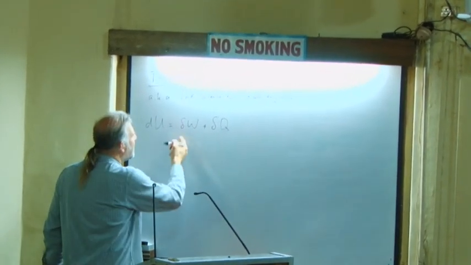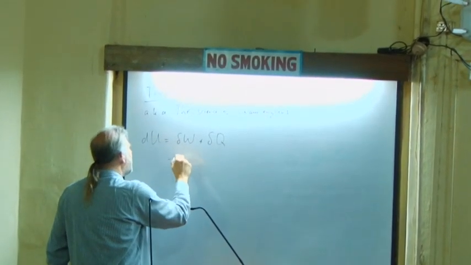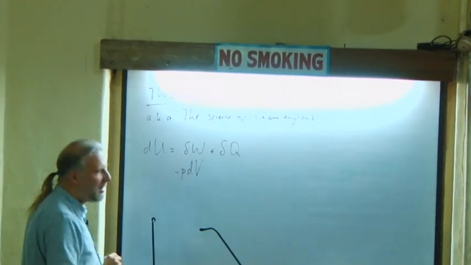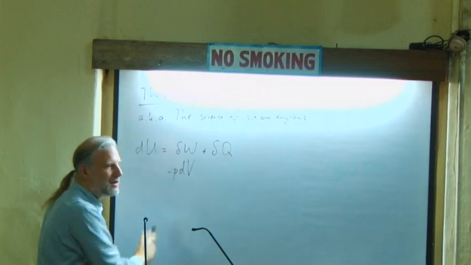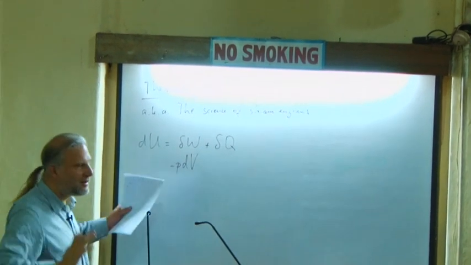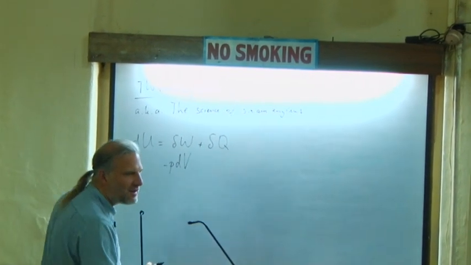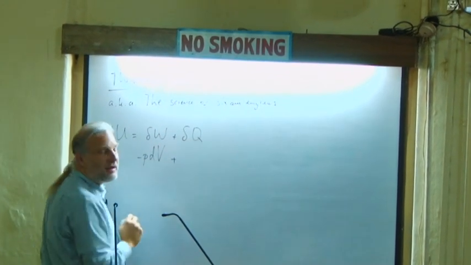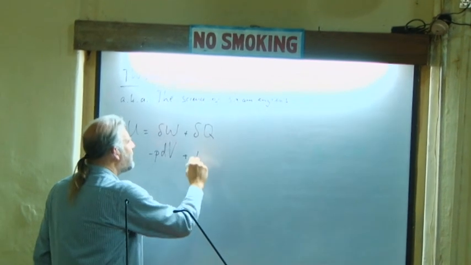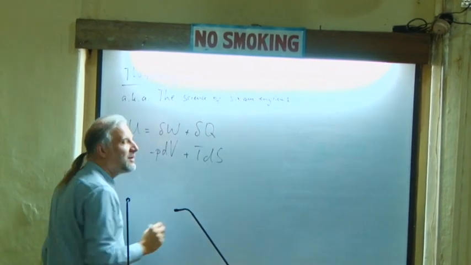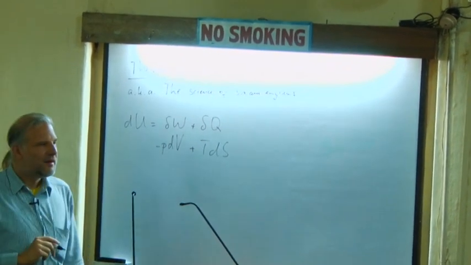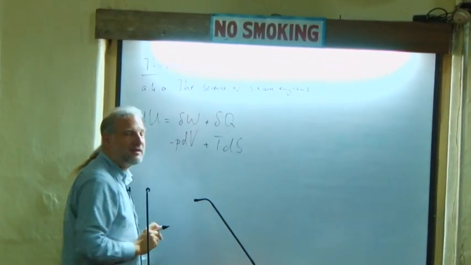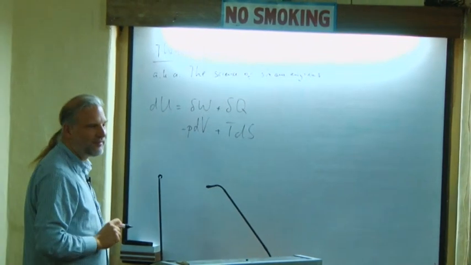And then you learn that for doing mechanical work, you need to change the volume. The minus sign is here because you increase the internal energy when you do work on the system, so when you compress it. And then the heat exchange, you learn that you can describe this by a function that is called the entropy. So the quantity of heat that is exchanged is equal to TdS.